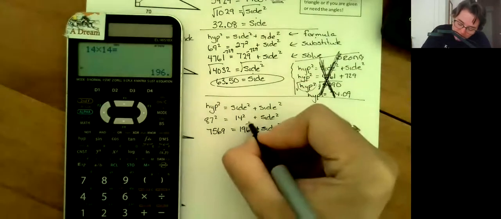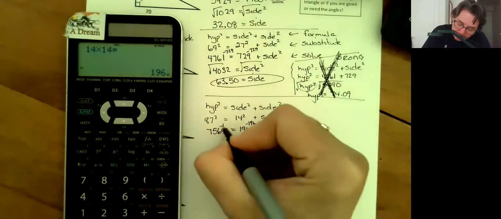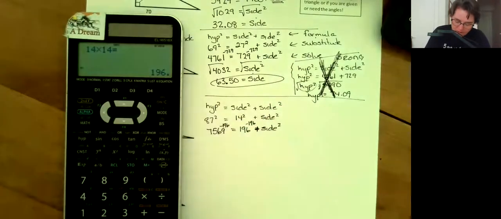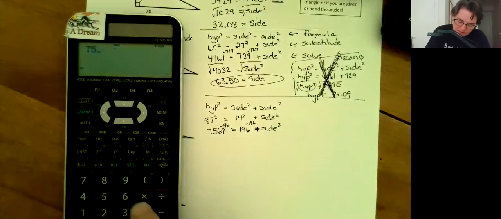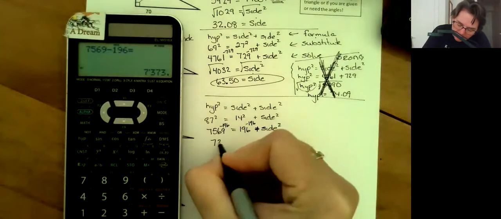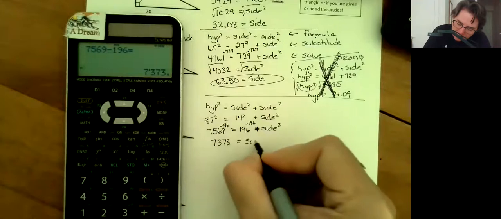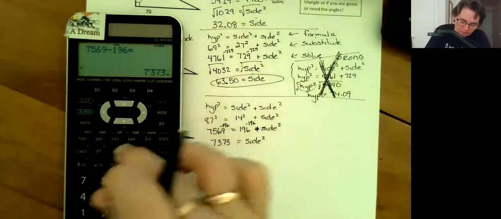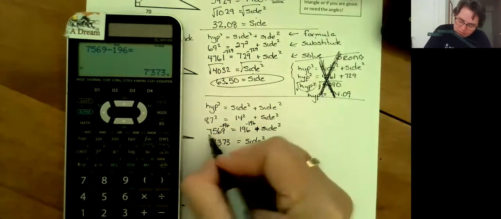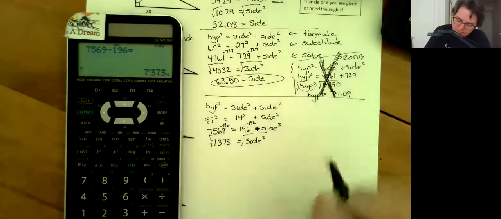Now I'm going to subtract 196, and 7569 minus 196 is 7,373. And then we go square root. No, I did it up there.